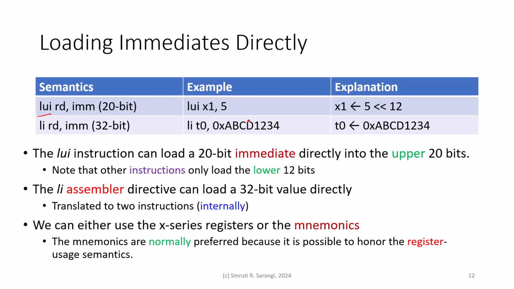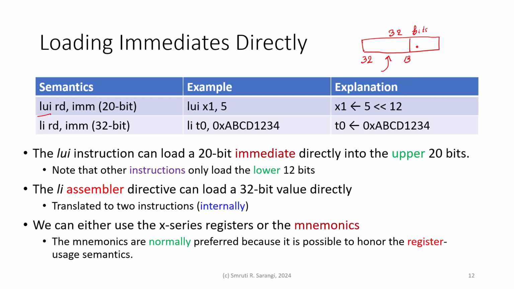So this is what is being loaded, and this will be loaded in the upper 20 bits. If this is a 32-bit field, let's say we count from 1, which makes our life slightly easy, then this will essentially load it here.